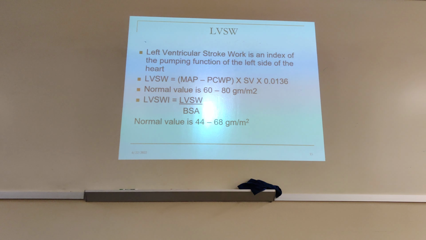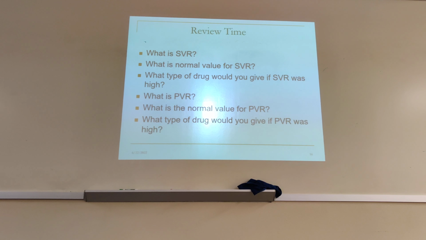This is the left one, how the left ventricle is pumping. Normal is about 60 to 80. The left heart does more work than the right heart, so you will expect the work there to be higher. And then the index is about 44 to 60.